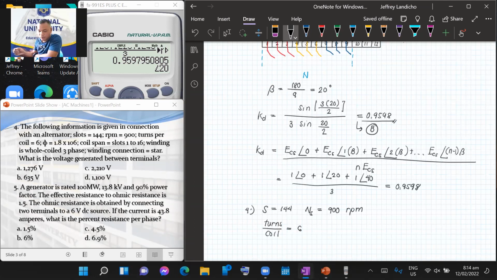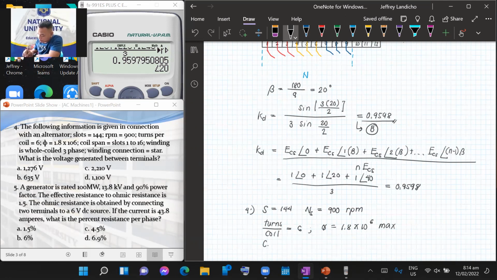Meron tayo 6. Then the flux produced per pole is equal to, I think, 1.8 times 10 raised to 6, that is in Maxwell. Kasi si Weber, usually, mga point something or milli ang kanyang value. Pag Maxwell, so matataas. So I think this should be in Maxwell.